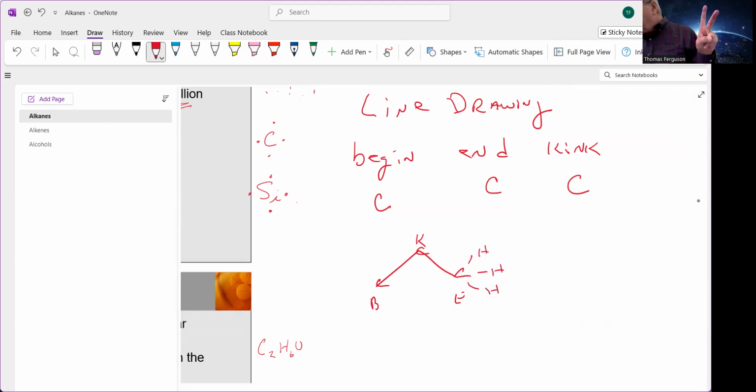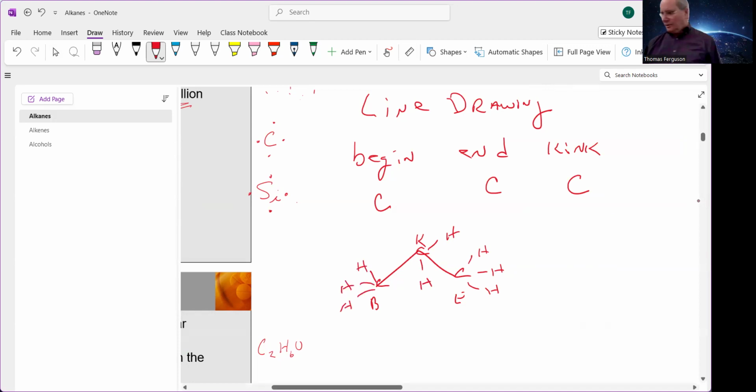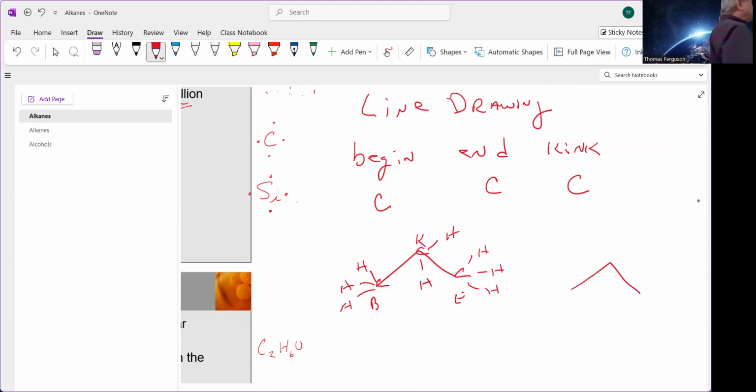Here this carbon has 2 carbon-carbon double bonds. That leaves the two remaining as hydrogen. And here, like on the other side, we have 3. So complexity, big difference between the two. Big difference.